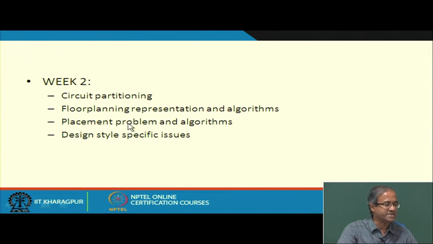We looked at various algorithms in this regard and we also considered the specific design style related variations that can affect our decision as to which algorithm should be used.